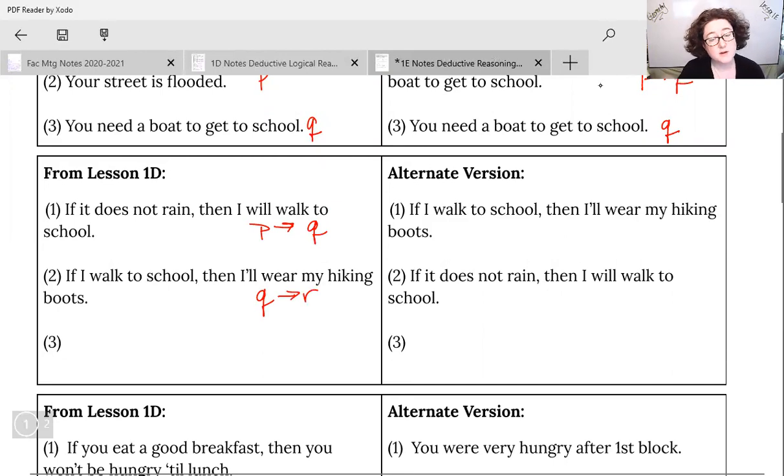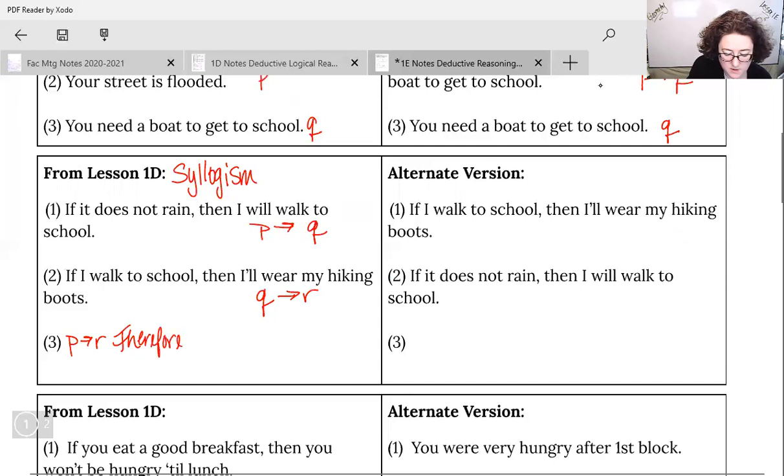So therefore, that's one of those we're repeating in the middle. So which law is this going to be? That's going to be law of syllogism. So if we write out our valid conclusion, we're going to want to go with if P, then R, or if we write it out, that'll be therefore, if, and I'm going to abbreviate, if it doesn't rain, then I'm going to wear my hiking boots.